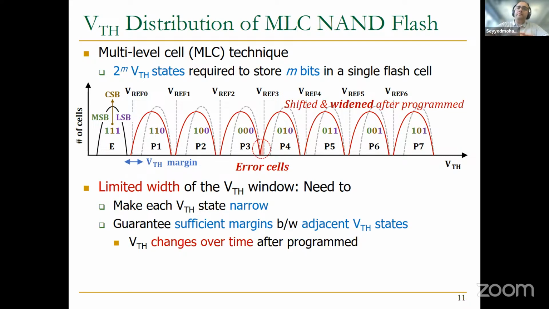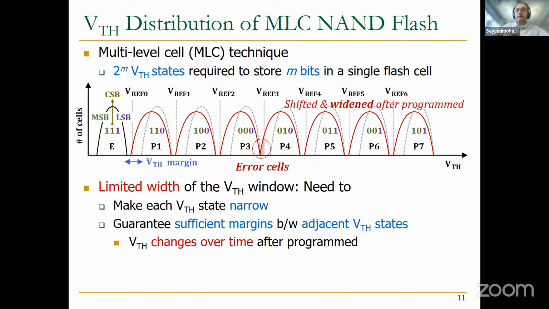When you program a flash chip, after some time you can see that the threshold voltage changes over time after program. It is going to be reduced. It's also important to note that it's not only shifted after program. The threshold voltage distributions are also going to be widened. Why is that?